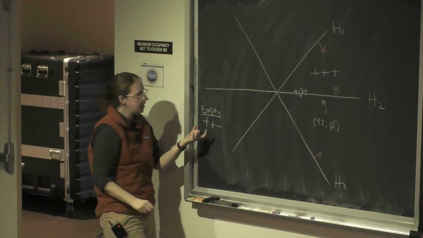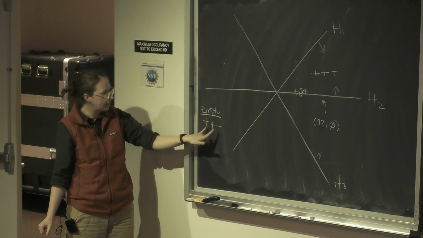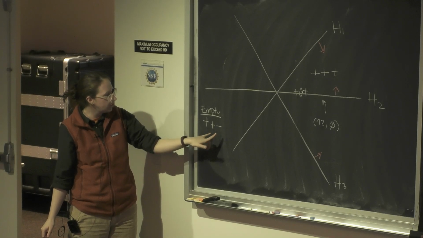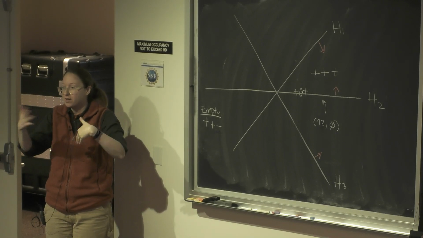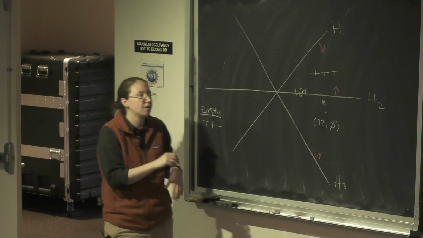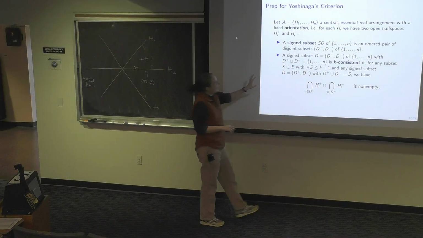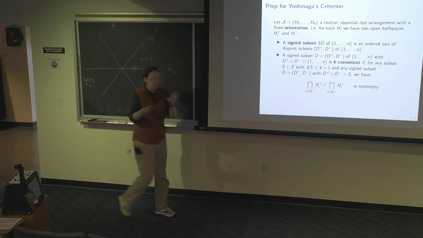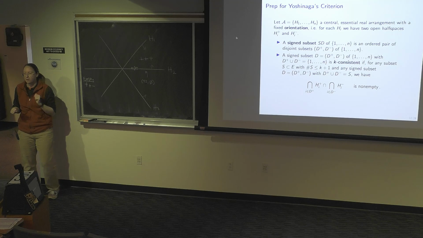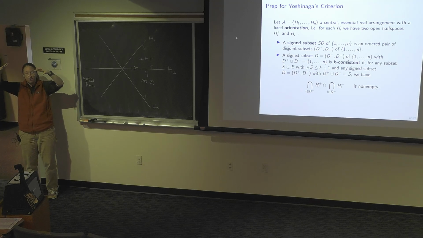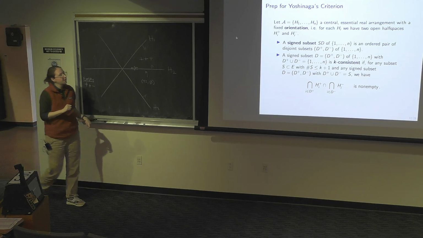But if you look at any subset of the indices, so if you look at these two, or these two, or these two, the intersection is non-empty. And so this K-consistent condition is saying, I take some signed subset, and I check on all K plus 1 subsets whether that intersection is empty. So it's weaker than being a tope or a chamber.